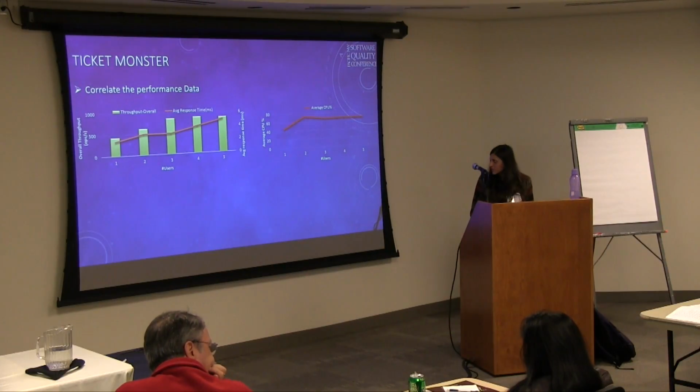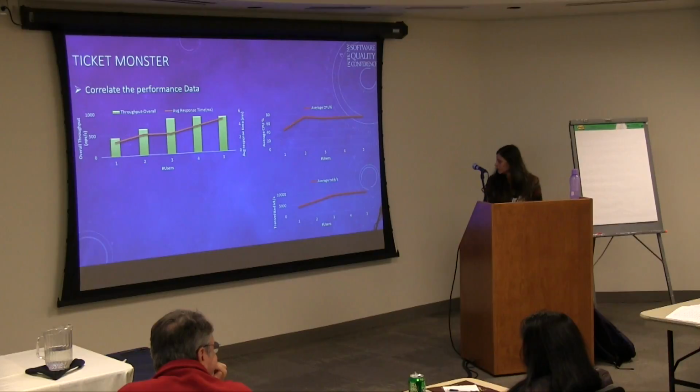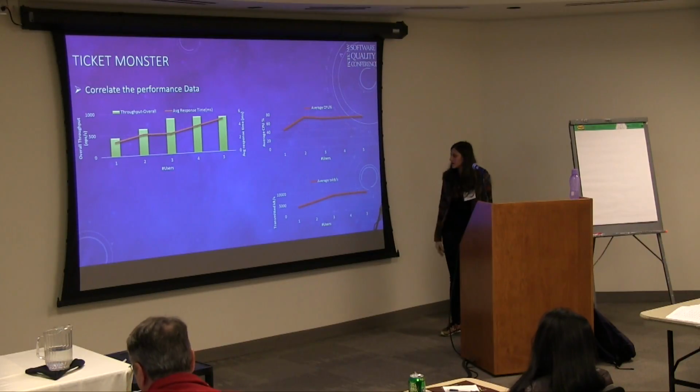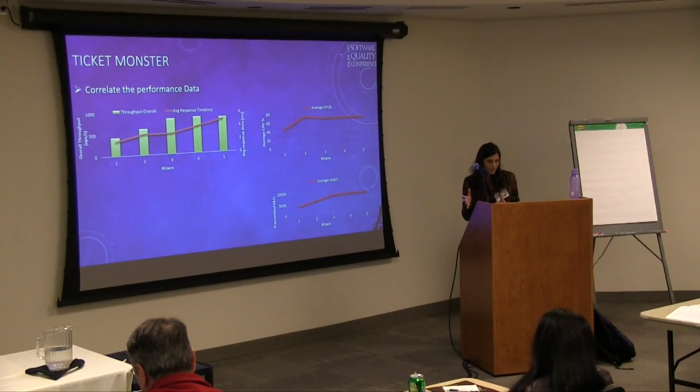Next, we are comparing the system data from the client side, and we are looking at the transmitted KB per second. This is the network data that corresponds to the response received. So when I send in a request and I ask the server for what are the events that are around the city, then it sends in the response, and the size of your response is being recorded here.